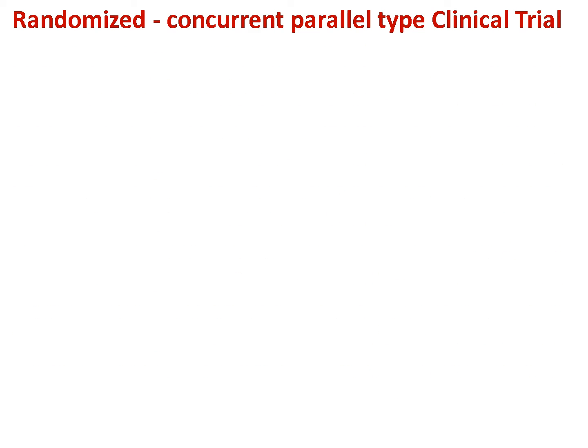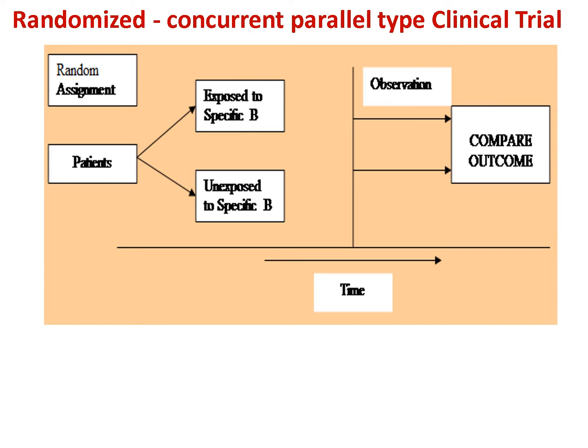Randomized concurrent parallel type clinical trial. The framework is as shown. The patients will be randomly assigned to either experimental group or control group. In this diagram, exposed to specific B is the experimental group. Unexposed to specific B is the control or comparison group.